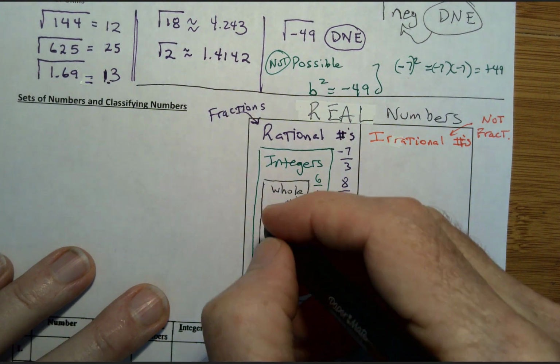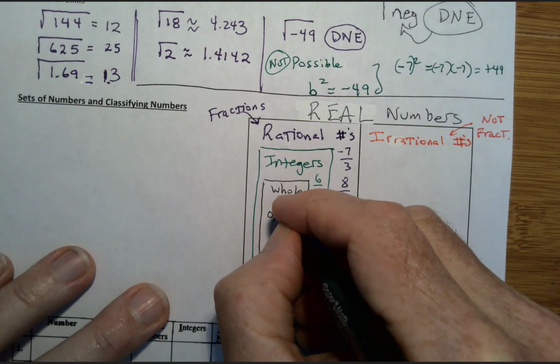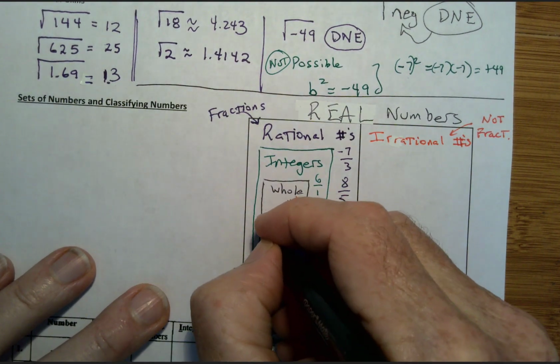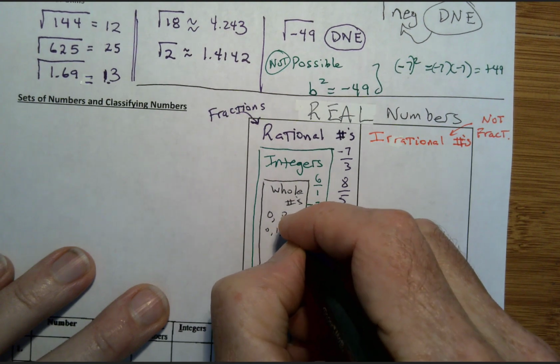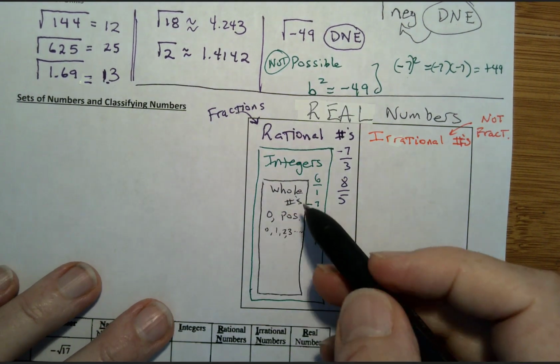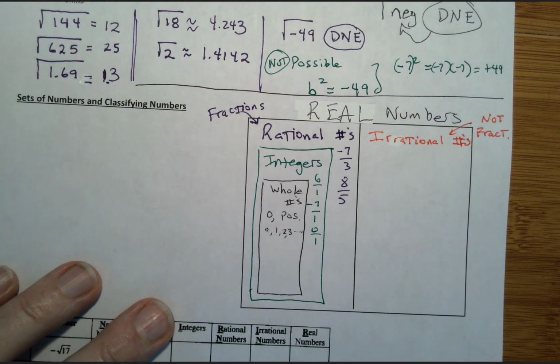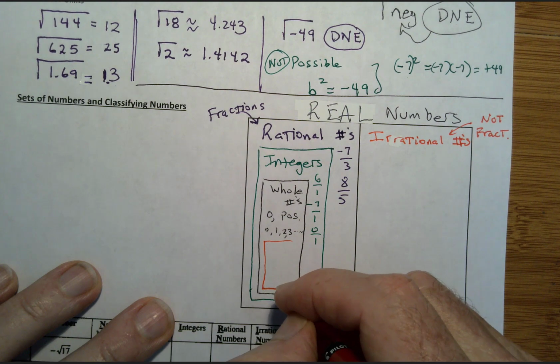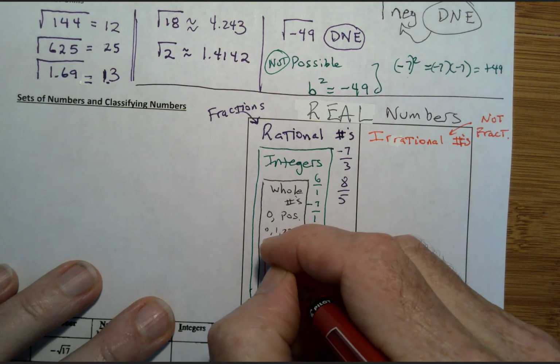Now, what are the whole numbers? They are zero and the positives. So that would be like 0, 1, 2, 3, and so on. That's the whole numbers. Now, inside the whole numbers is a final group that we're going to call the natural numbers.